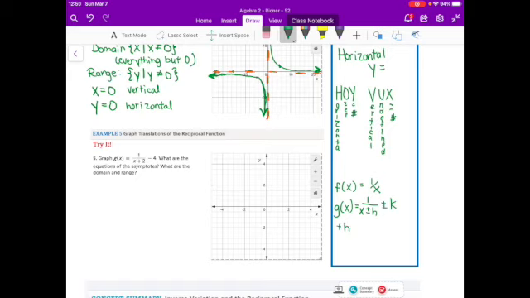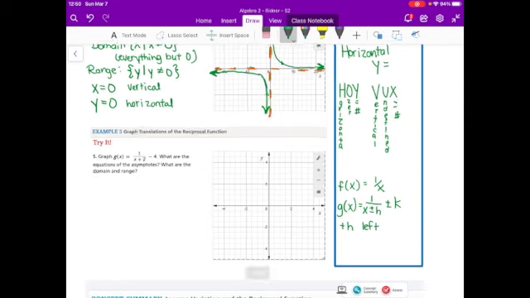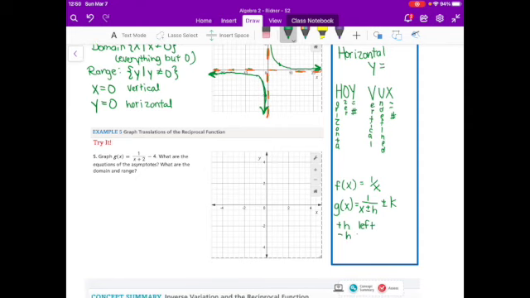So remember, plus h meant left, minus h meant right, plus k, so a number on the outside, meant up, and minus k meant down. So in this example, since I have plus 2, that means left 2. And since I have minus 4, it means down 4.